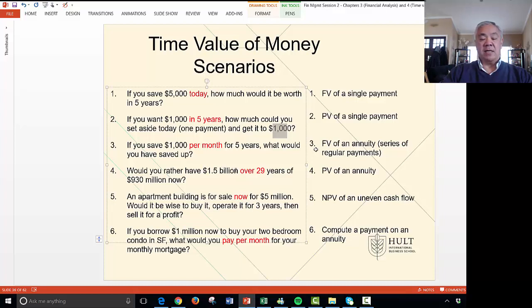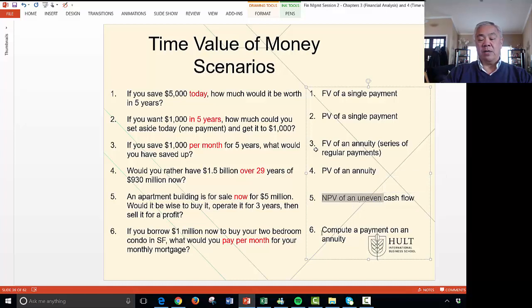The fourth is a question of the present value of an annuity. Over 29 years, we'll get regular payments, and we're going to compare that to a lump sum payment now and say which one is more financially valuable to us. Fifth, this is a classic example of a net present value of an uneven cash flow. That's an investment.